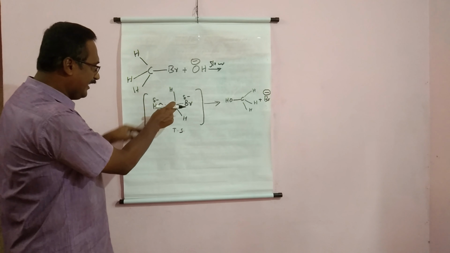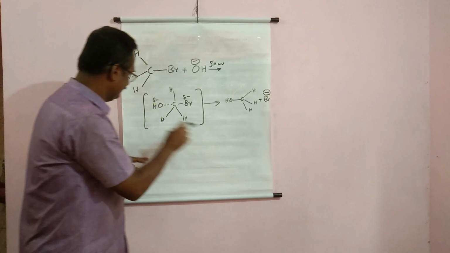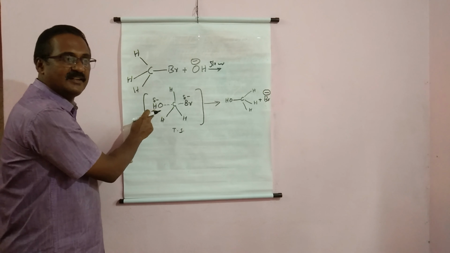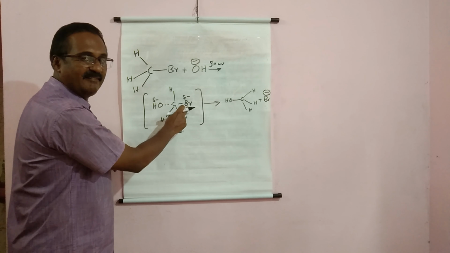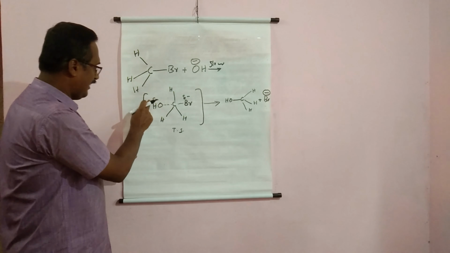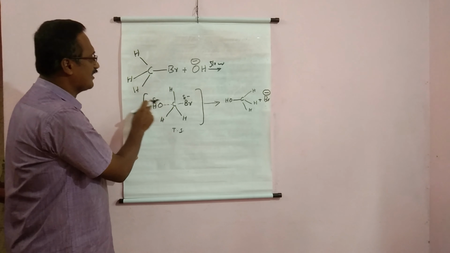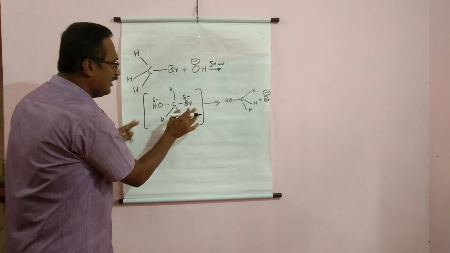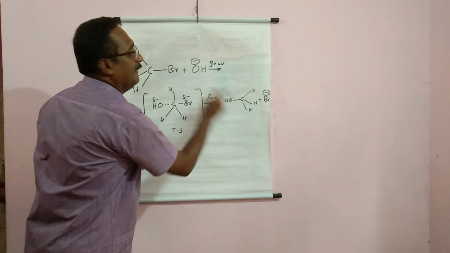Here the Br is partly detached and OH is partly attached to the carbon atom. As a result, the Br has a partial negative charge and OH also has a partial negative charge, and then it quickly leads to the product methanol.